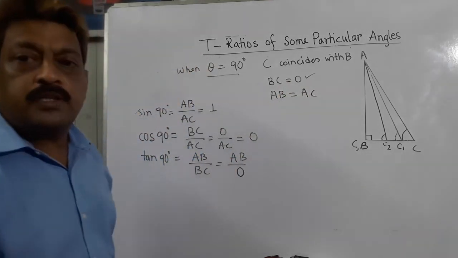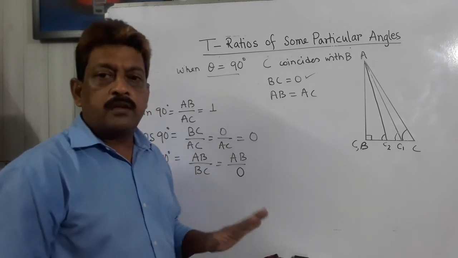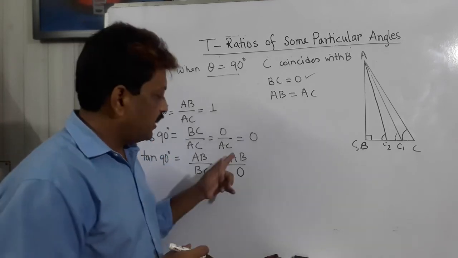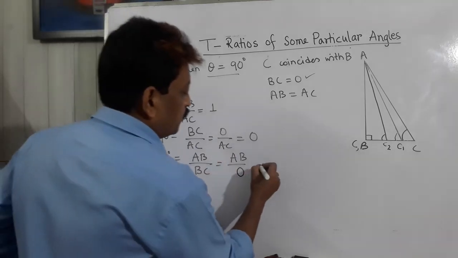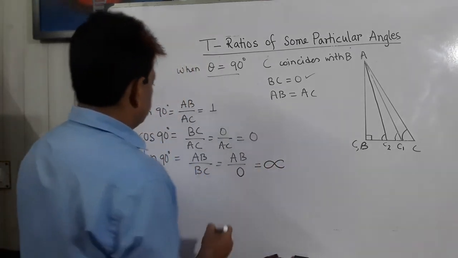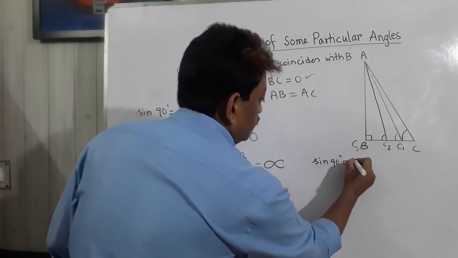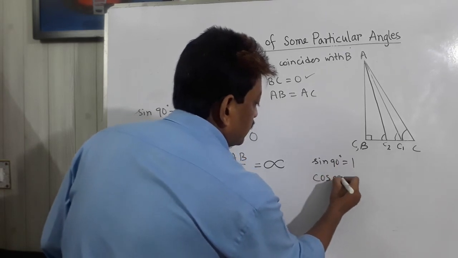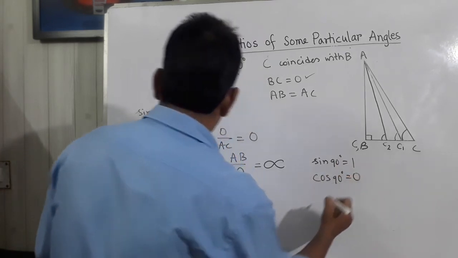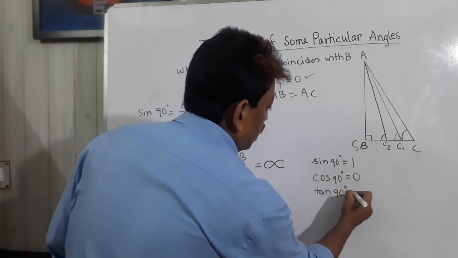Now we all know that if 0 is there in the denominator, then the value becomes undefined. So here AB upon 0 will be undefined. So we have got the values of sin 90 degree as 1, cos 90 degree as 0 and tan 90 degree as undefined.